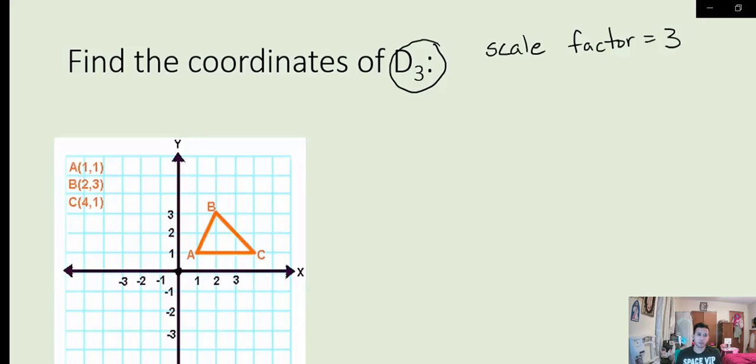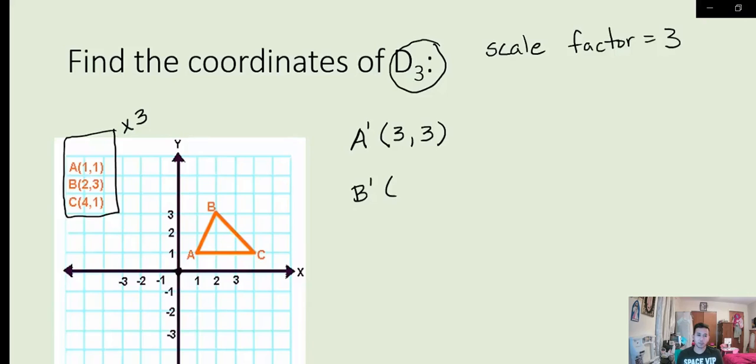All right, so first you look at the ordered pair of each point. We have to multiply it by 3, as simple as that. So your A prime would be, because that's 1, 1, 3, 3.